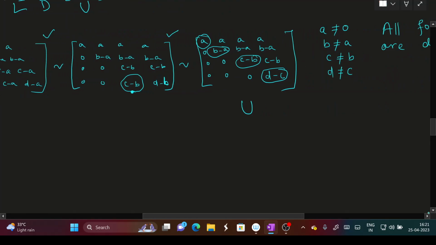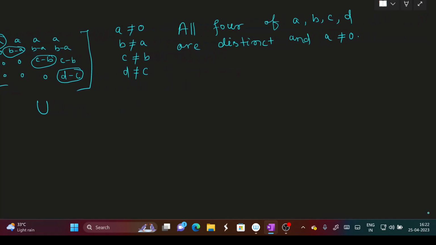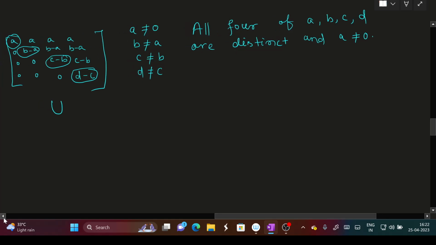That is, A is not equal to 0, B is not equal to A, C is not equal to B, and D is not equal to C. That means A, B, C, D are all distinct and A is not equal to 0.